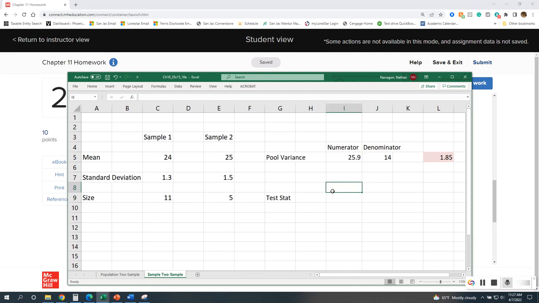We're going to have the variance, square root of that, and then we're going to calculate our test statistic. Okay? So, variance. Again, to me, the variance is always in the square root.